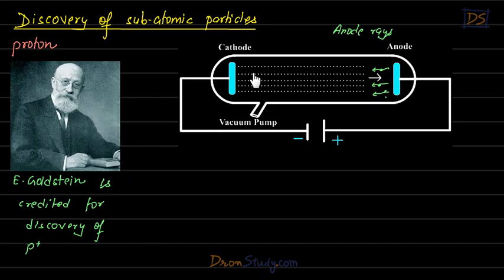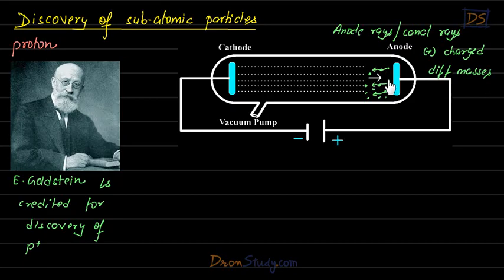As the stream of particles from cathode were called cathode rays, stream of particles coming out from anode were called anode rays or canal rays. You understand? And it was found that the particles which were coming out from here, they were positively charged, students. Okay. And also, their masses were different. Different masses. You understand the point?